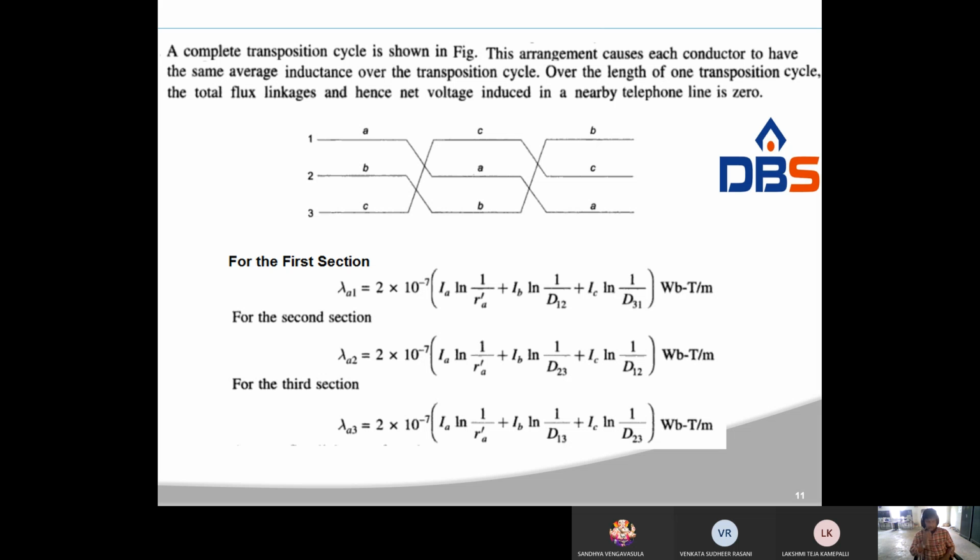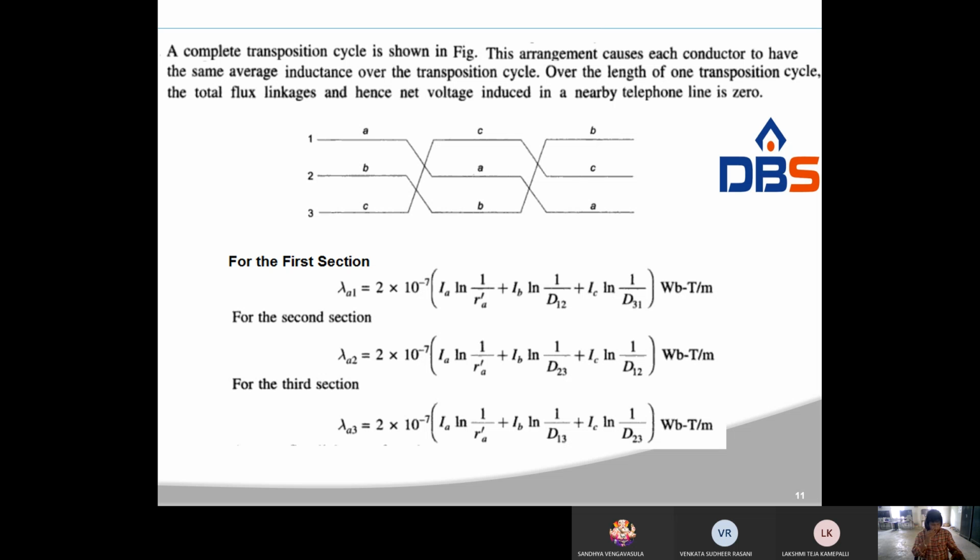So the 3 phases are displaced by 120 degrees from each other, and we can take the current in conductor A as the reference. That's why the current in conductor A is the total current I, magnitude I at an angle 0 degrees. IB is I at an angle minus 120 degrees. IC is I at an angle 240 degrees.